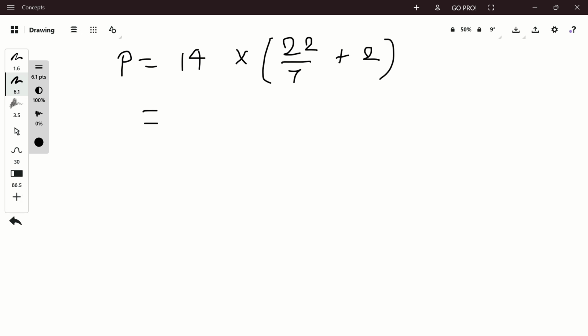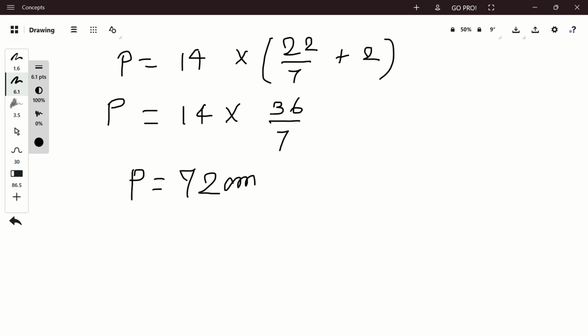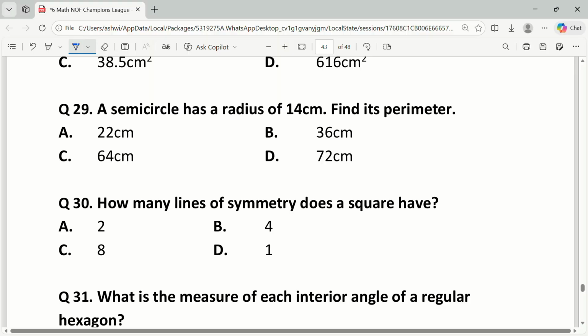That is P equal to 14 into 36 upon 7. That makes P equal to 72 centimeters. Comparing with the options, the answer is D, 72 centimeters.